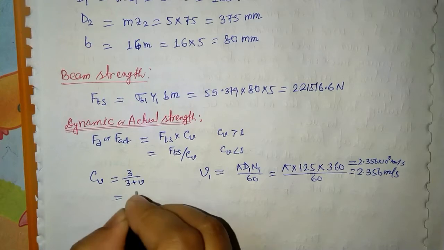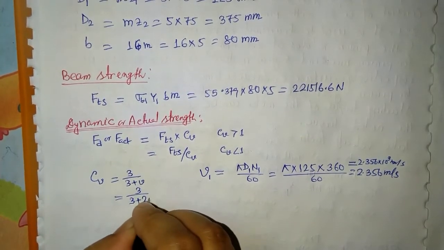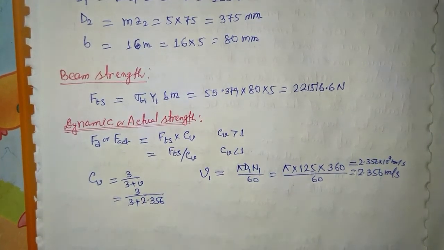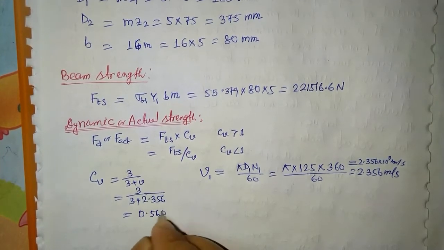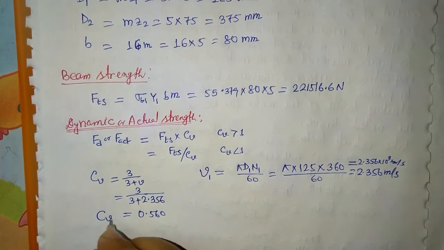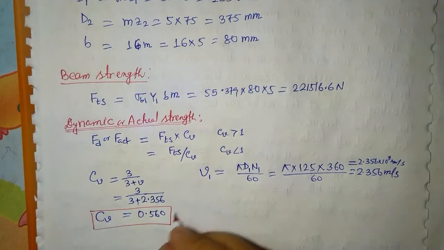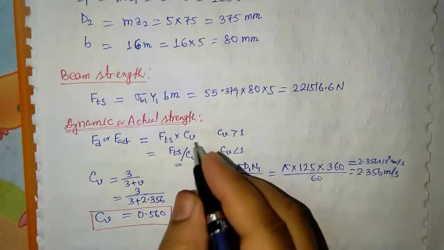Okay, so that is our 2.356 meter per second is velocity. So put the value 3 by 3 plus v1, we got 2.356. Okay, and this value we get 0.560. This is our cv. Okay, so we got this cv, and we can write this cv is less than 1, so we have to take fd as this one.